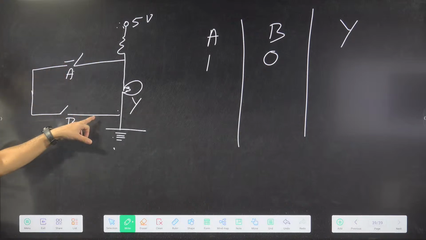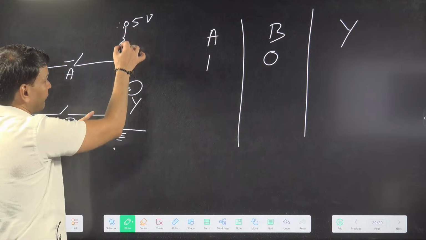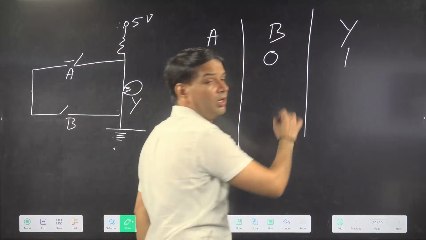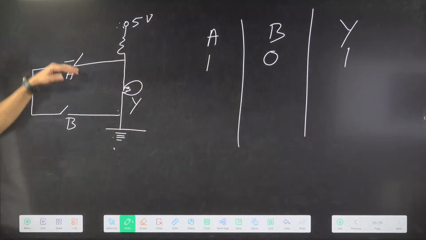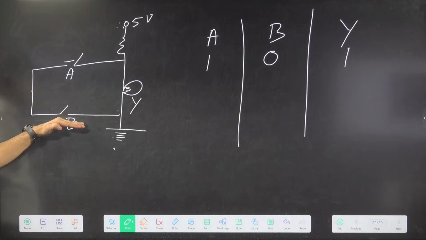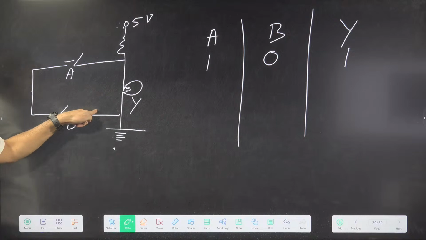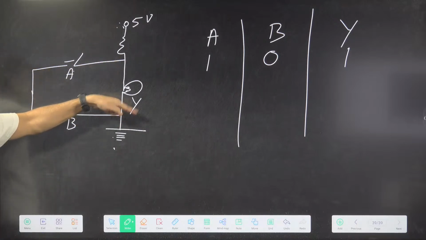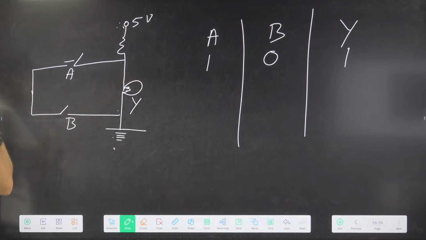Current will go through the bulb directly, so the bulb will glow. The bulb will glow when any switch is open. Suppose I close one, but B is open. B 0 means B is open, so this is an open path, and current will not go through it. Current will go directly through the bulb, and the bulb will glow. So the output we are getting is 1.